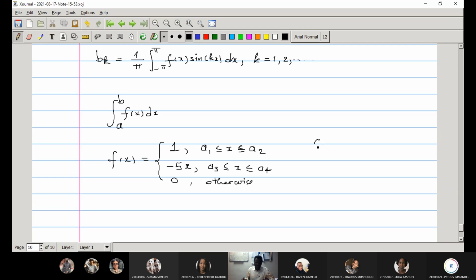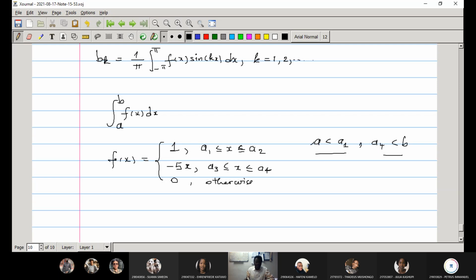Obviously here a is less than or equal to a1, and a4 is less than b. Anyway, you will know from the actual value, I'm just taking generic values.